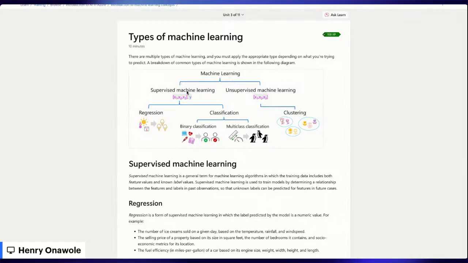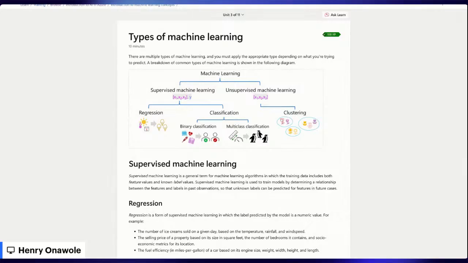Machine learning: under it we have supervised machine learning and unsupervised machine learning. Under supervised we have regression and classification, and under unsupervised learning we have clustering. And under classification we have binary classification and multi-class classification.